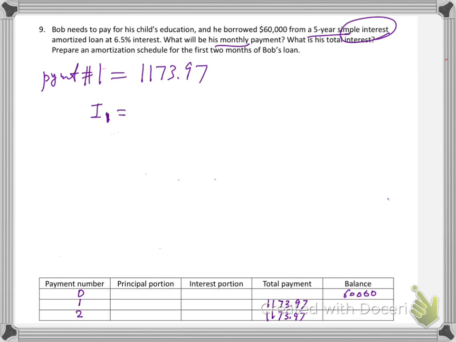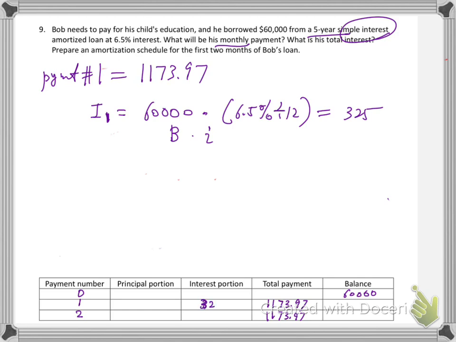So it will be the balance times the I. The interest for every year is 6.5%, divided by 12. So this is the beginning balance times the I. So this is 325, the first interest portion.